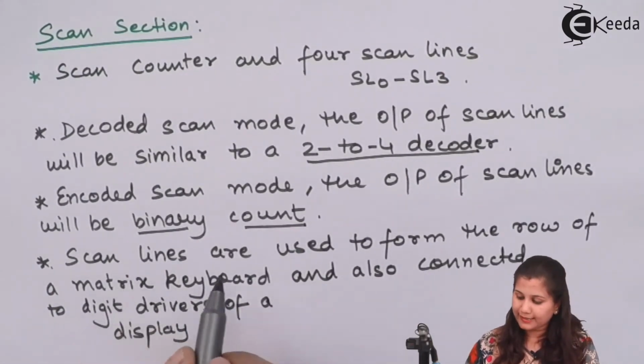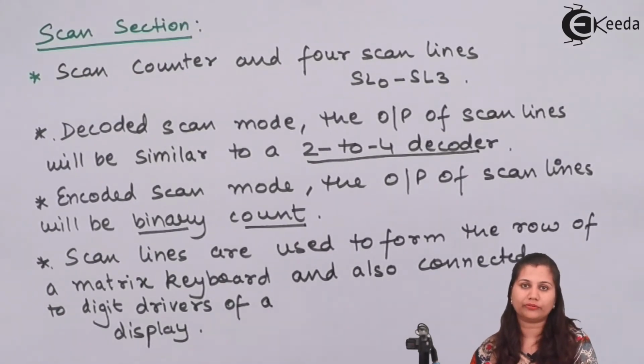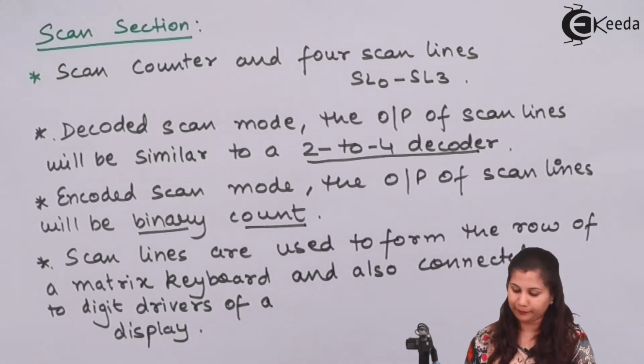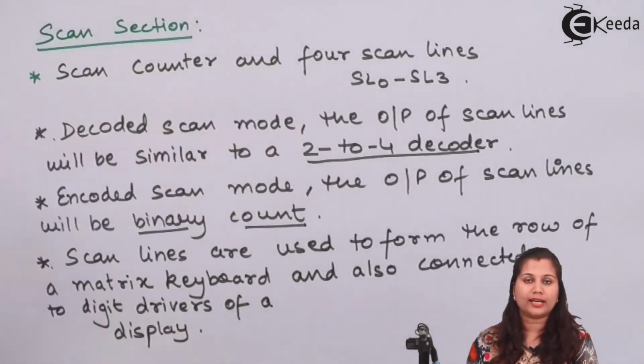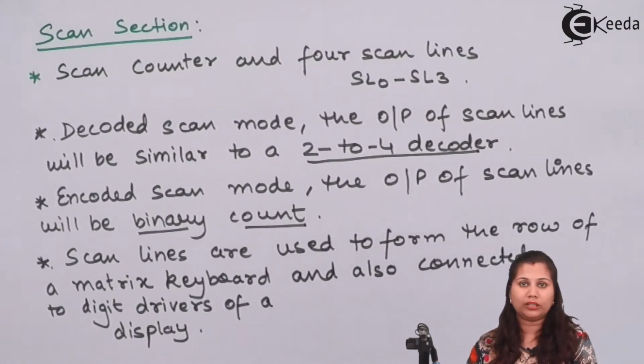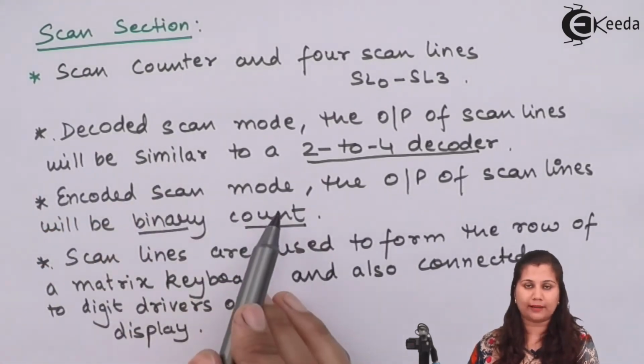The scan lines are used to form the rows of a matrix keyboard and are also connected to digit drivers of a display to turn on and off the switches of the display. So in this scan section we can connect the keyboard and the display devices. Both can be connected, and both the keyboard and display can work in the decoded scan mode and the encoded scan mode.